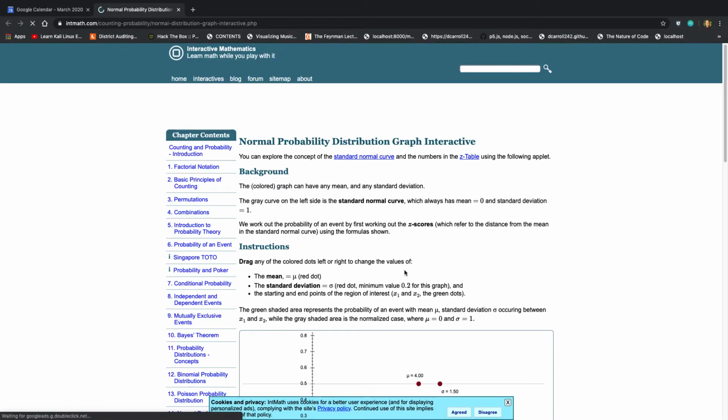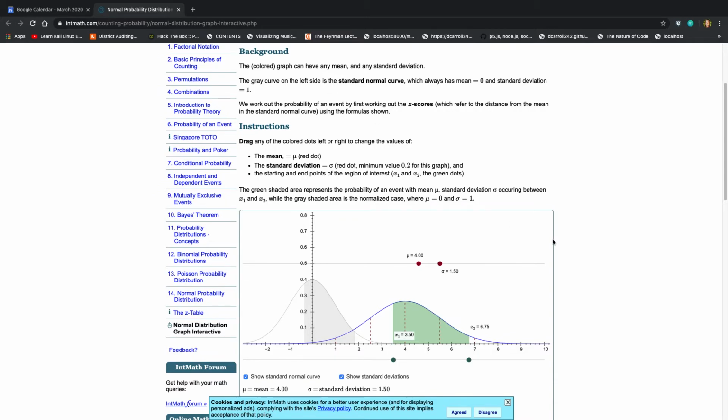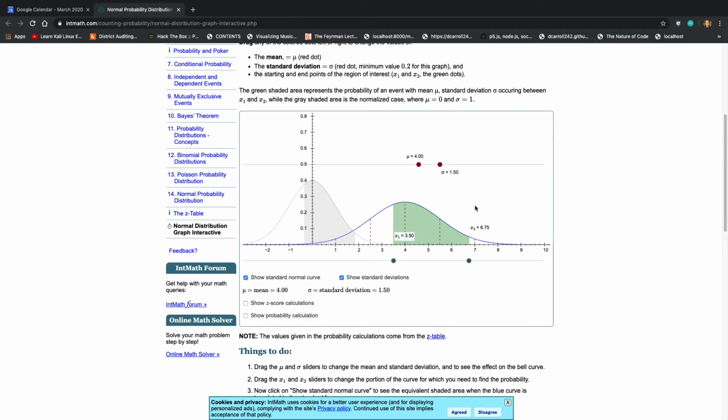Bell curve calculations. If I scroll down here, there's a lot of information you can read, but I mostly want to show you a distribution. Here's the mean value, and this is actually the population mean. If I move this left and right, the whole distribution changes because it's surrounding that true mean value.